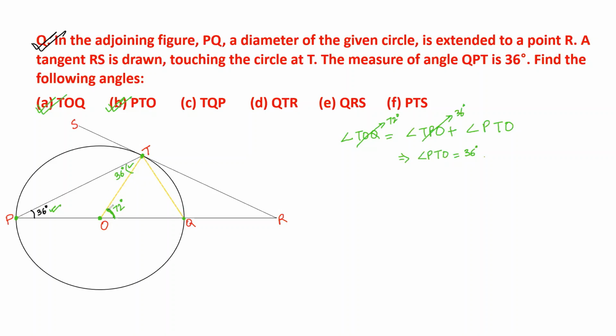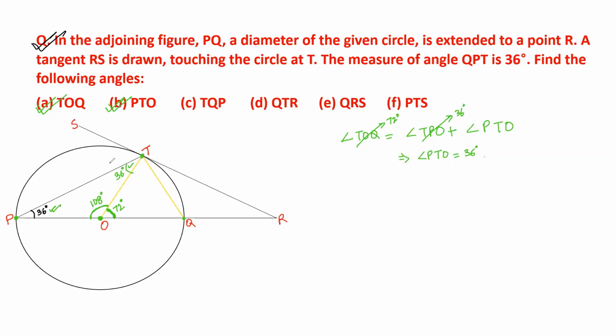Now, since this angle is 72 degrees, we can say that this angle would be 180 minus 72 degrees, that is 108 degrees, as this would be a straight angle, that is 180 degrees. Now 108 degrees is the angle formed by the arc PT at the center.